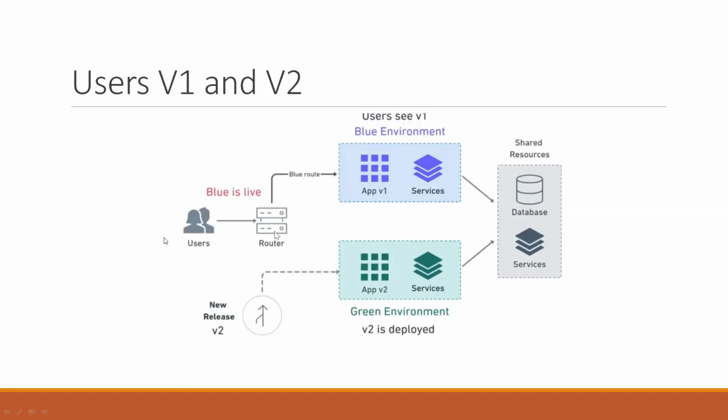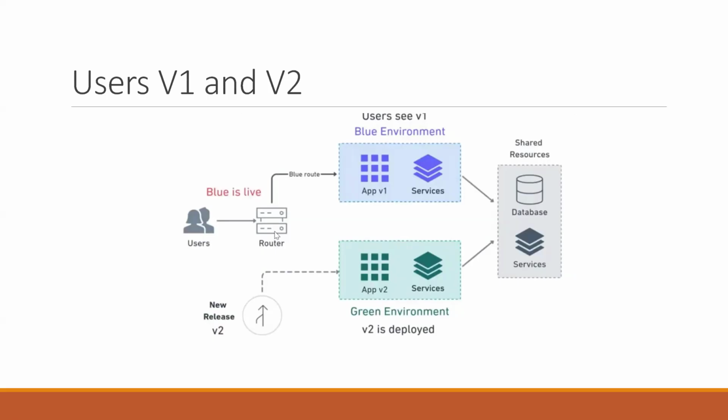The blue is live, and the end user is using the blue environment. The new release is deployed on the green environment, because the router is pointing to the blue environment only.